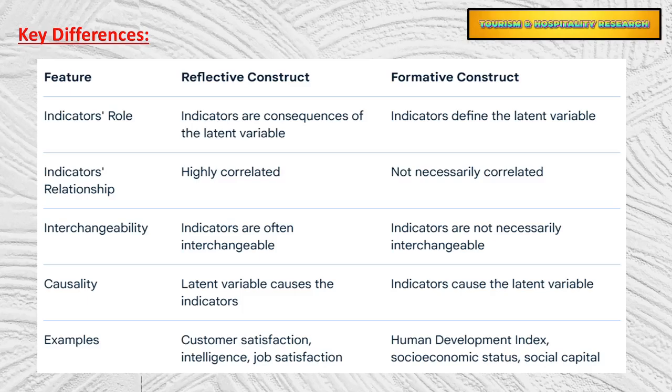They are often interchangeable in a reflective construct, whereas they are not at all interchangeable in a formative construct because they will change the meaning of the latent variable. The latent variable causes the indicators in a reflective construct. In a formative construct, indicators cause the latent variable.